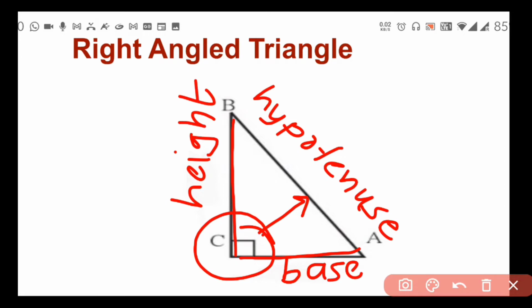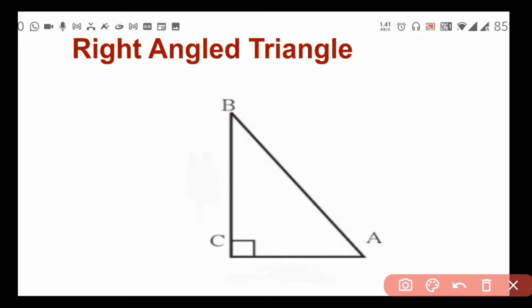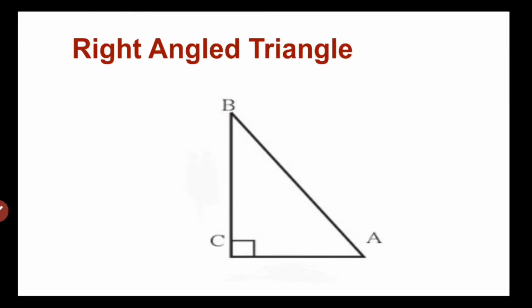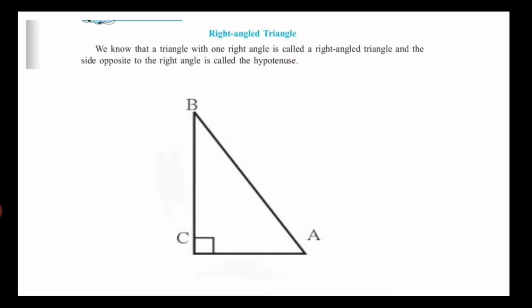So one of the side is height and the other side is base. So what can we say about right angle triangle? What can be the definition of right angle triangle, which we have seen last year? Let us see again. We know that a triangle with one right angle is called a right angle triangle, and the side opposite to right angle is called the hypotenuse.